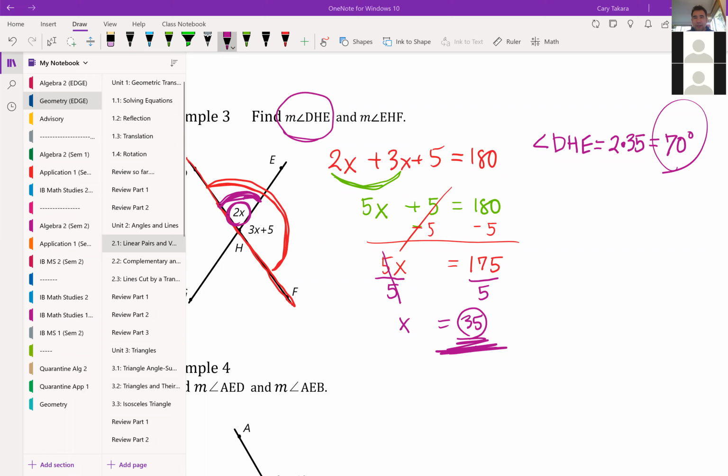Okay. So how about angle EHF? EHF is this one, right? It's a 3x plus 5. So what do you think we have to do? It's a 3x, but x is 35. So 3 times 35 plus 5.